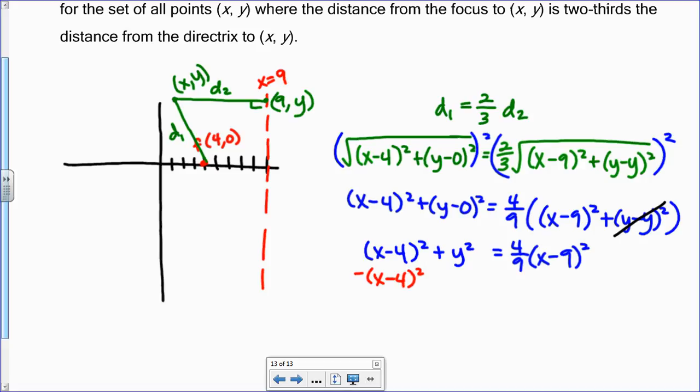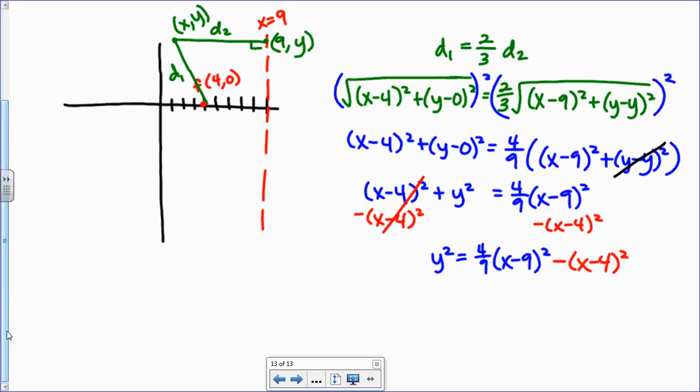So I'm subtracting x minus 4 squared. On the left, now I just have a y squared. And on the right, I have 4/9 times x minus 9 squared minus x minus 4 squared. All right, I need to multiply out those binomials, so I have to keep that 4/9 out front.